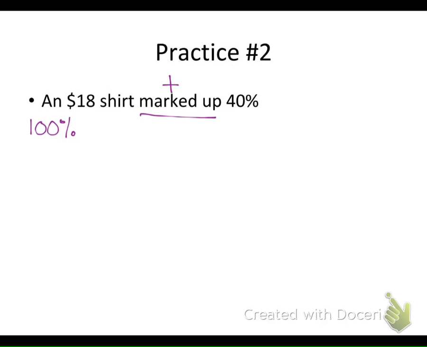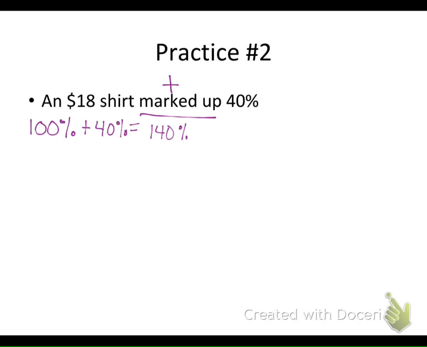Because it's marked up, I'm going to add 40%. So what's 100% plus 40%? 140%. You subtracted them. And I'm not going to lie, people make that mistake when they do this as well. So we have now completed step 1 and step 2.